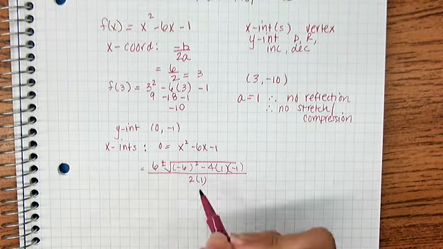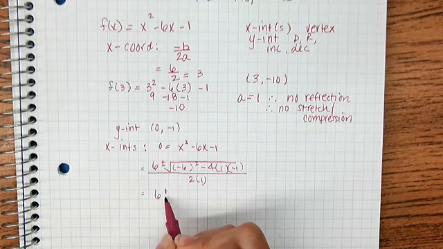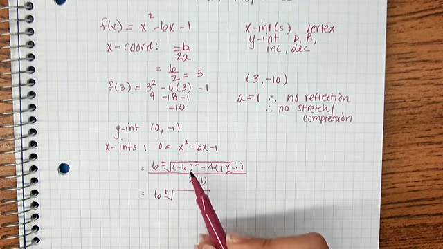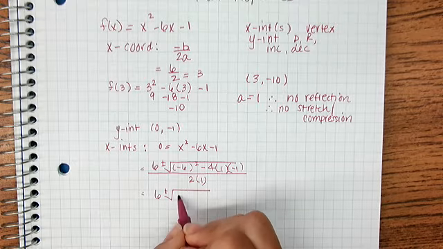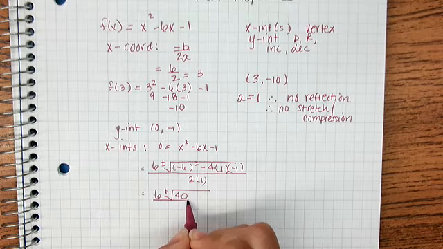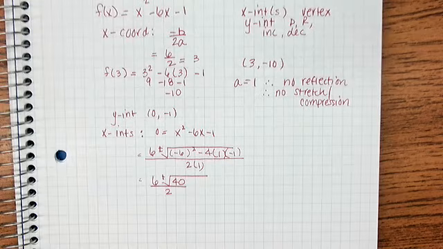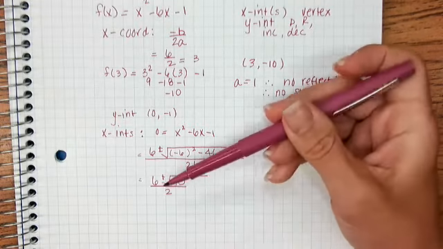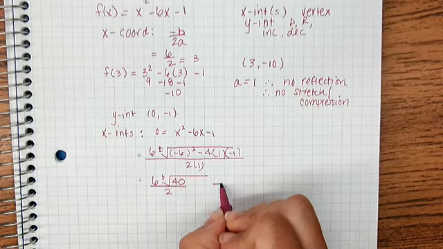So this is going to be 6 plus or minus the square root of 36 plus 4, which is 40, all over 2. Always simplify radicals. Always. Don't just do this whole crossing off of the 6 and the 2. It's voodoo math.